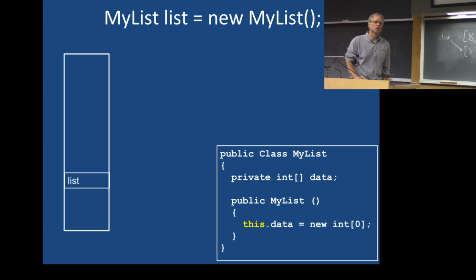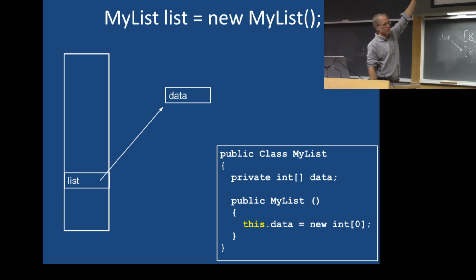An empty int array. It has to contain a reference to an empty array. It's got to have room for a reference to an empty array. So the new mylist part, you end up like that. The new will create an empty object and will have a reference to it.